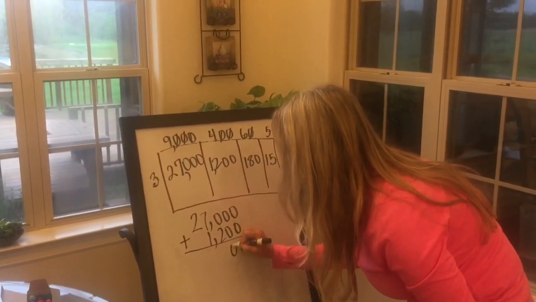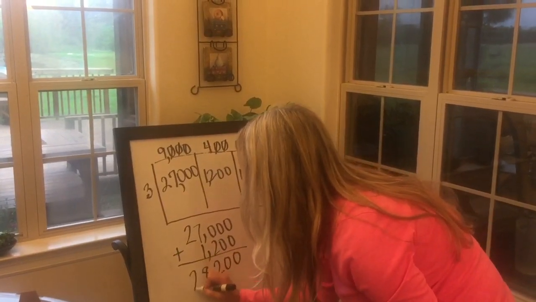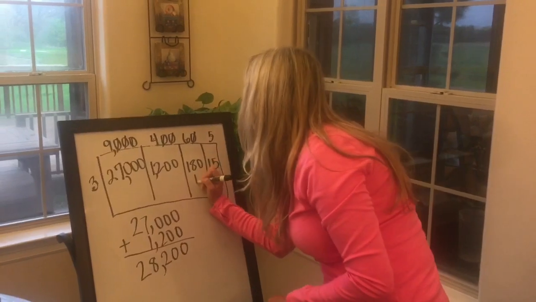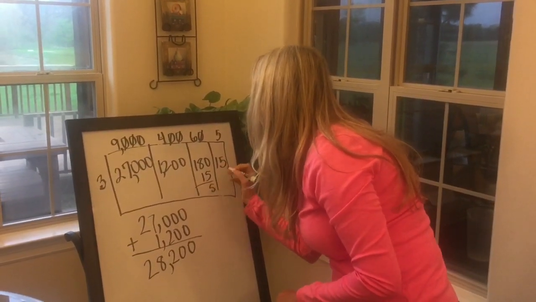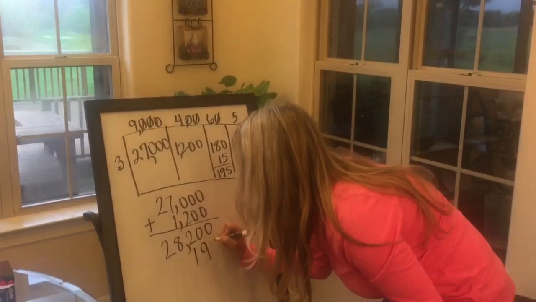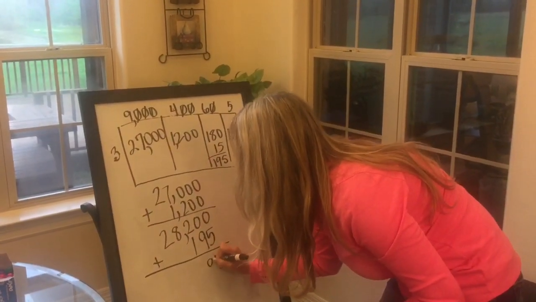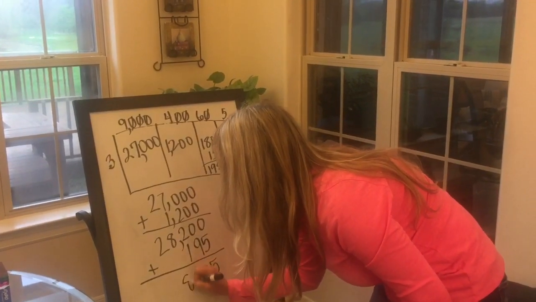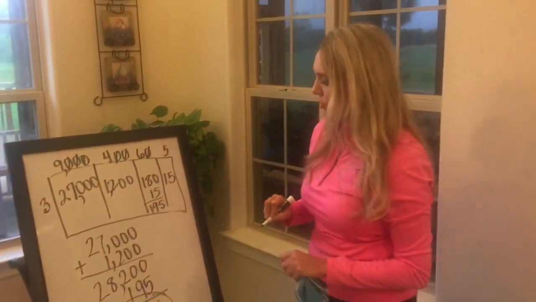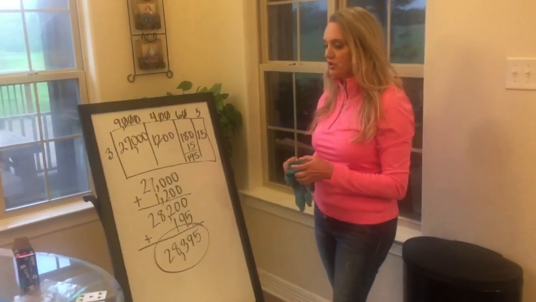You have 0, 0, 2, 8, and 2. So you have 28,200. And if you want to put these together right here, you can. These two combined would be 195. And that would give you 28,395. That is a great way to recheck yourself.